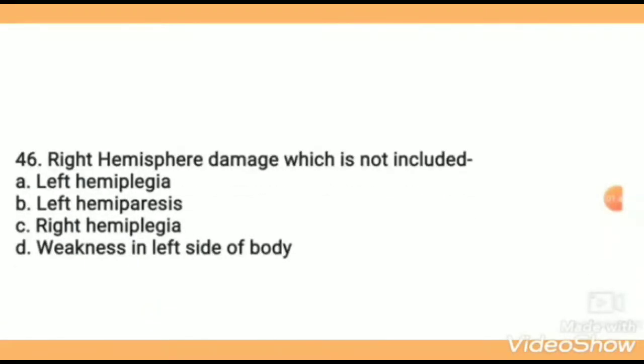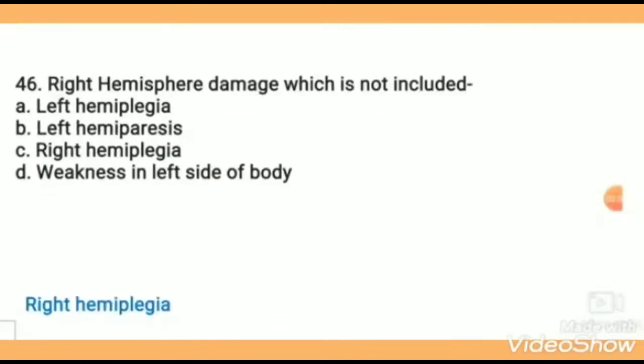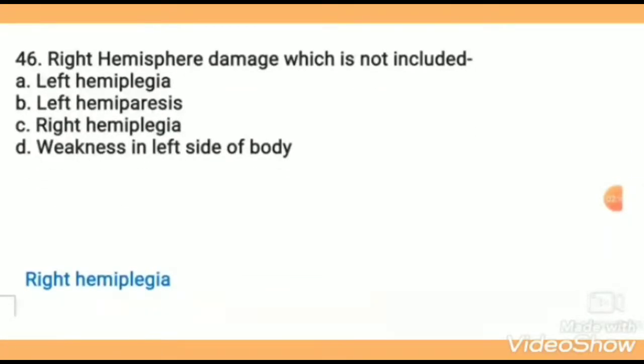Right hemisphere damage which is not included: left hemiplegia, left hemiparesis, right hemiplegia, or weakness in left side of body. So, right hemisphere damage which is not included is right hemiplegia.